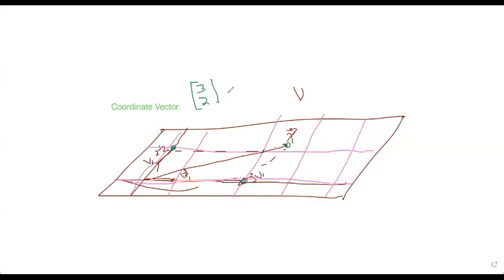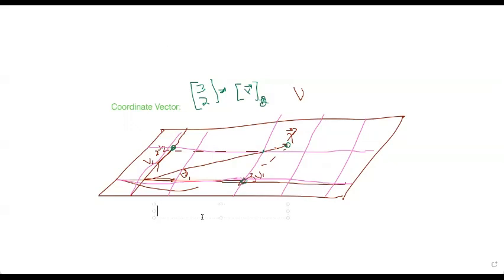We can think of (3, 2), as the book describes it, as the address of x in the c1, c2 coordinate system. Now, the way that we would notate this is with a fancy little B. There we go. That is the way that we define the coordinate vector.